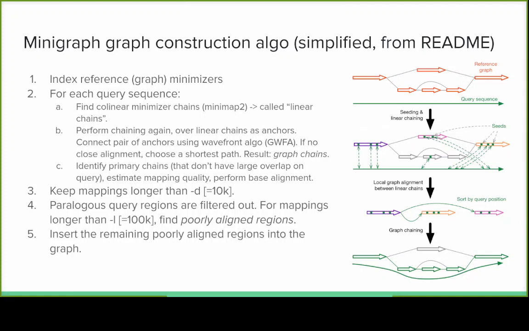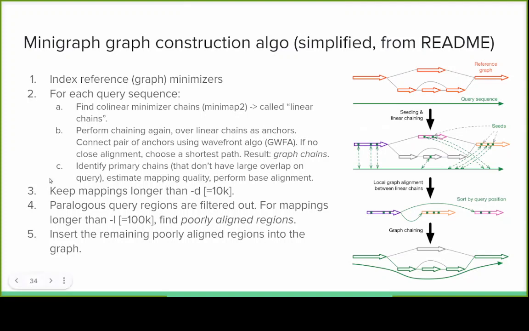It's a way to filter out some graph chains to keep only those which do not overlap significantly on the query. So it's a way to keep subchains, and this is the result of the mapping up to step 2. And for each of these primary chains, mapping quality is estimated, and base alignment is performed.